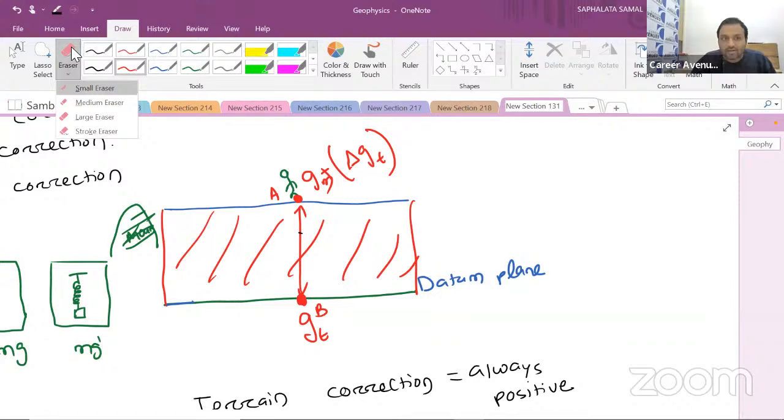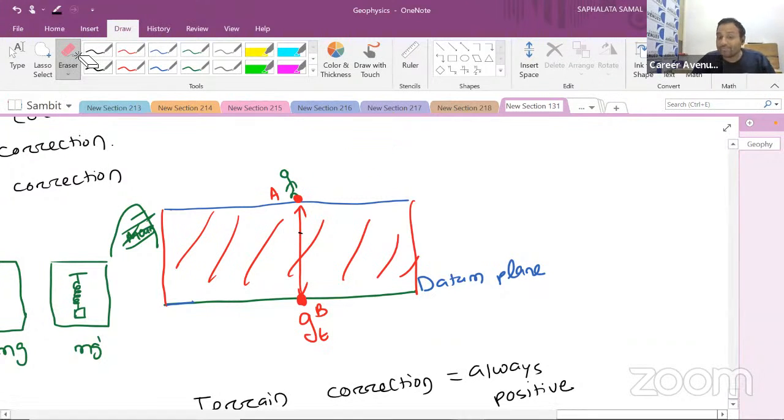Now, what is my purpose? Once again, I will try to go as close as possible to this GT value. Then whatever difference remains must be due to some kind of anomaly, some kind of objects present over here. So to approach this theoretical value, I have to compensate for lots of factors.